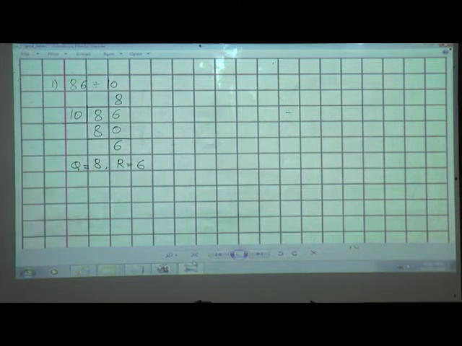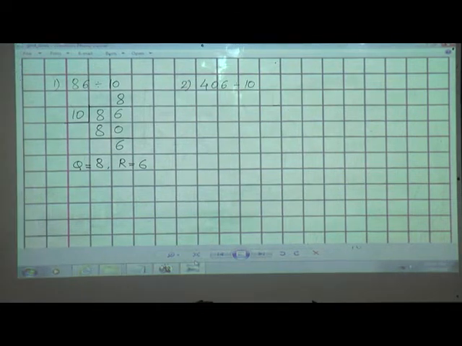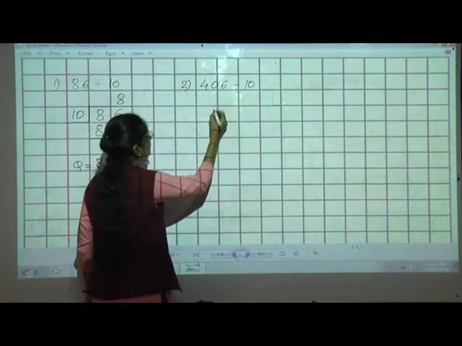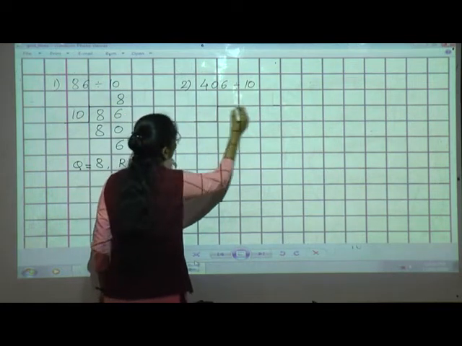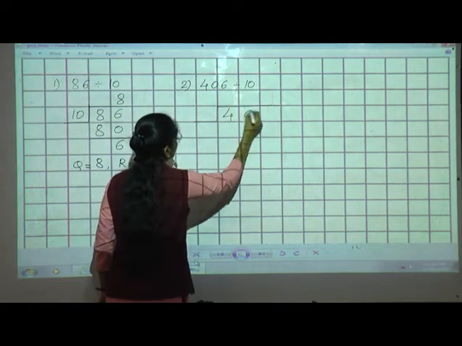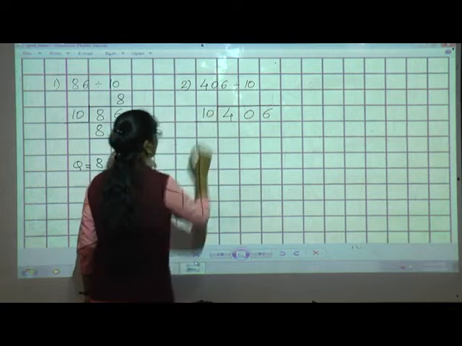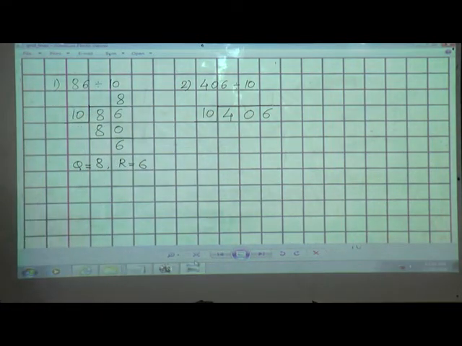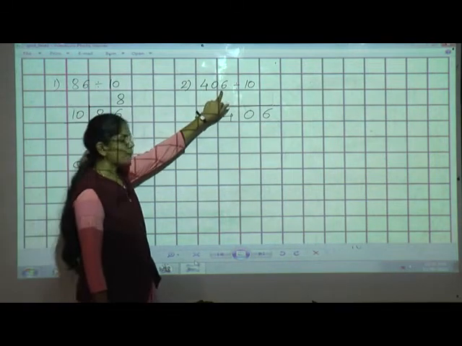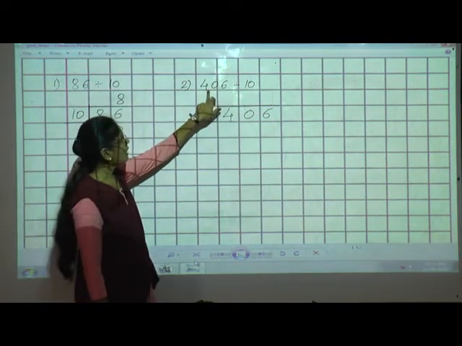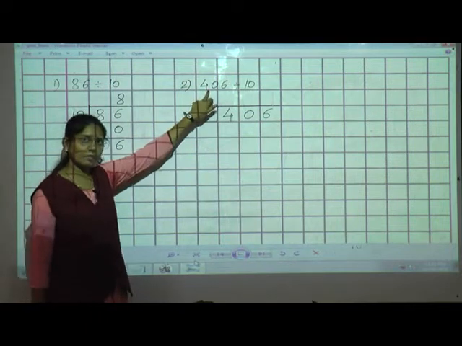Next, see the second example, 406 divided by 10. Look at the board here. Now see students, after solving we should get the remainder 6, and the quotient should be 40.